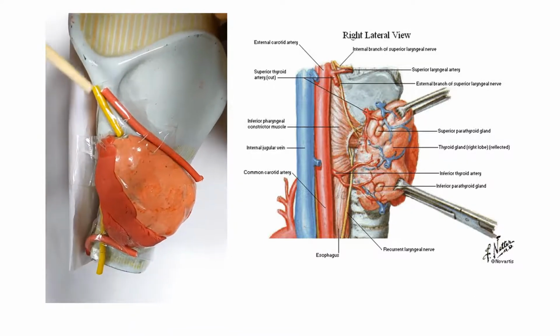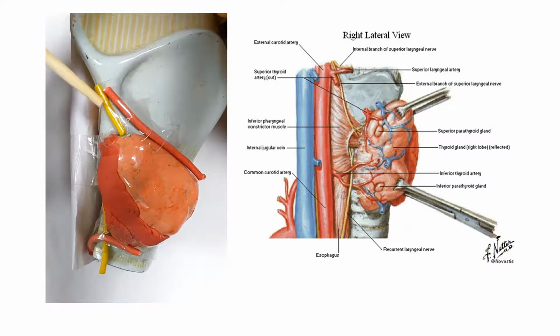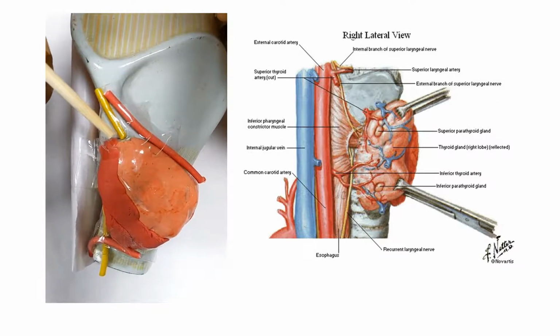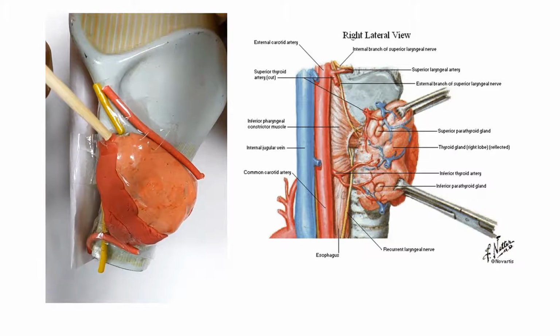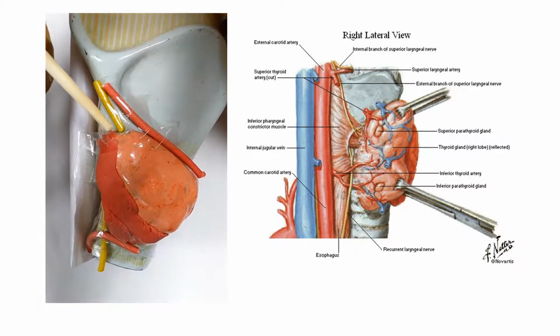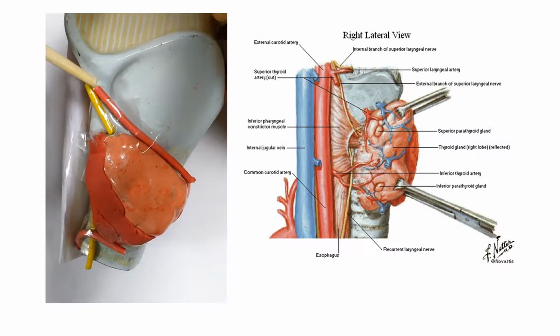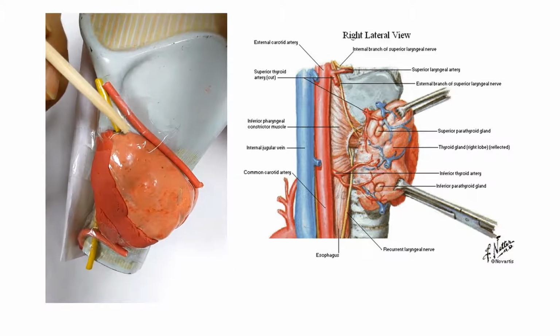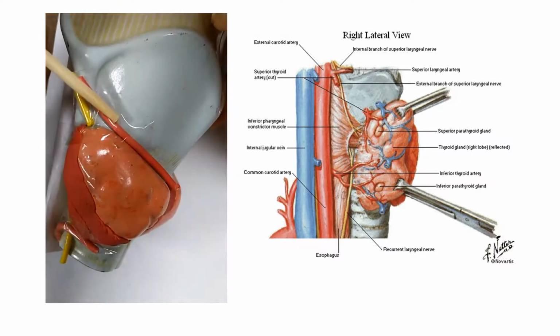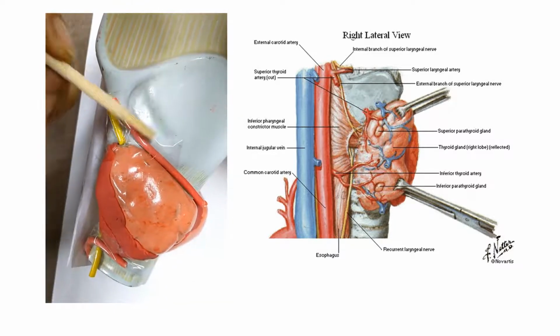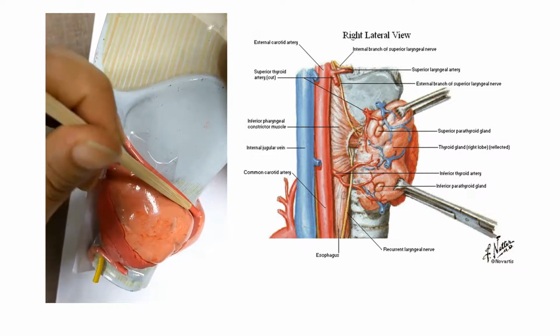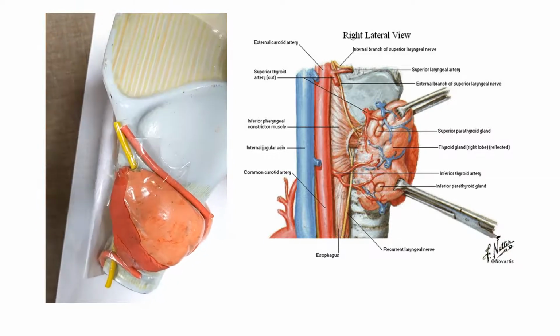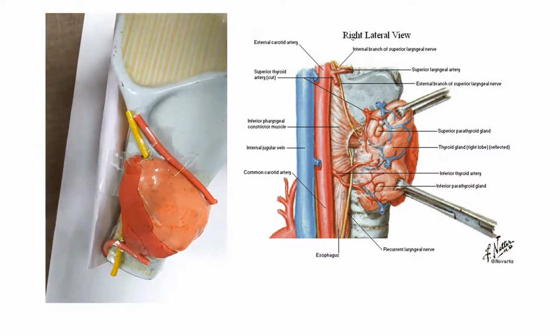You can appreciate the external laryngeal nerve goes deep to the upper pole, deep to the thyroid gland, and the superior thyroid artery runs superficial to the gland, and you can see over here one descending branch accompanying the anterior border of the lateral lobe of the thyroid gland.